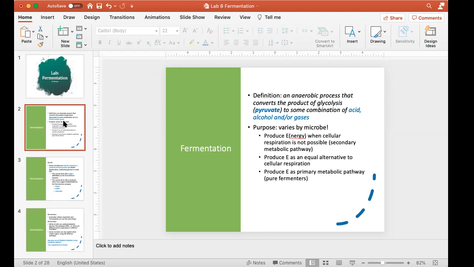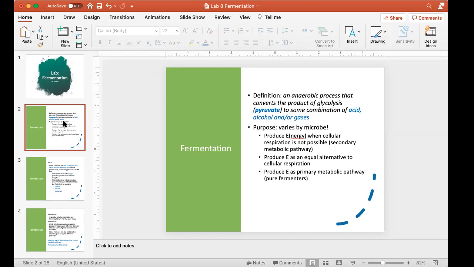Now, the question is, why would a microbe ferment? Why would a microbe evolve in order to use fermentation as its metabolic pathway or one of its metabolic pathways? There are three reasons here. The first reason is to produce energy, again in the form of ATP, when cellular respiration is just not possible for them. That's a situation very similar to what you find in a human being.